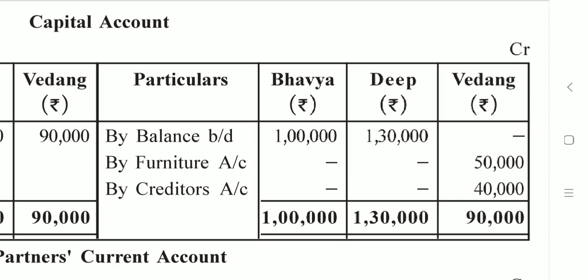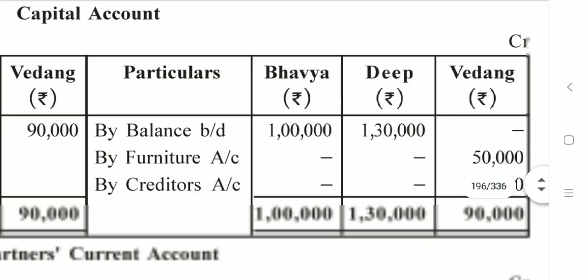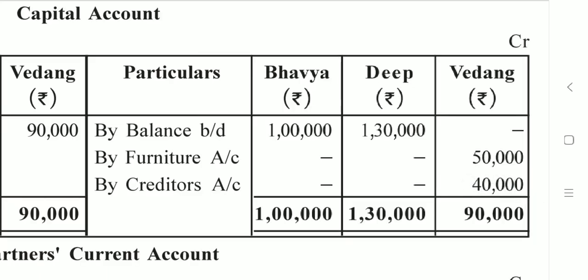Vedang is a new partner, उनका कोई capital अभी तक definitely नहीं होगा. Vedang will bring capital now, and it is clearly mentioned that Vedang brings furniture. वो adjustment हमने पढ़ा है. The first adjustment, yeah? Fine.